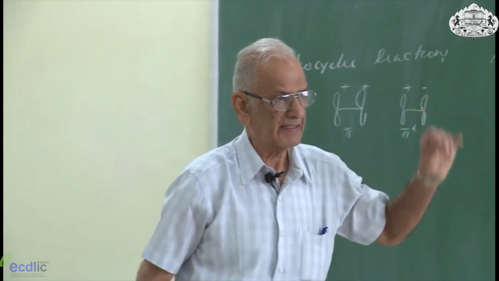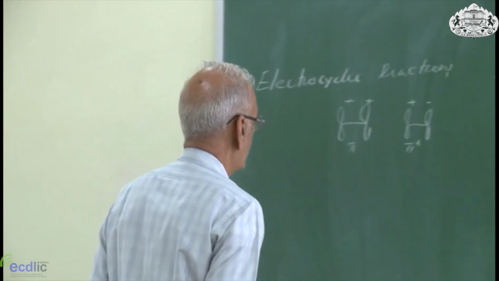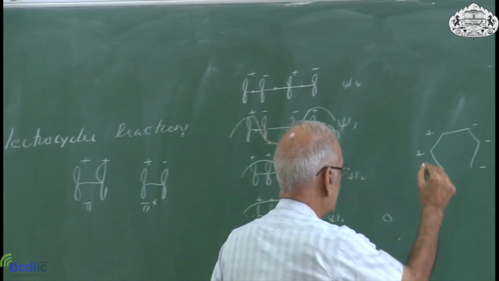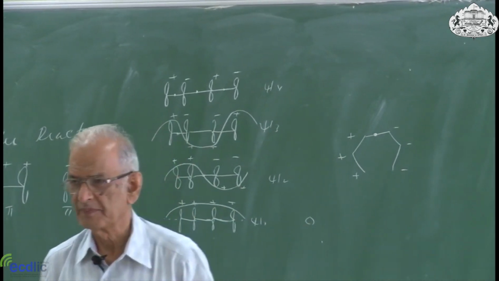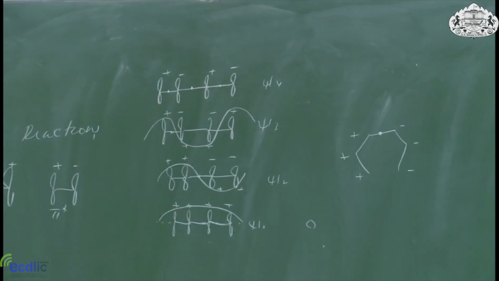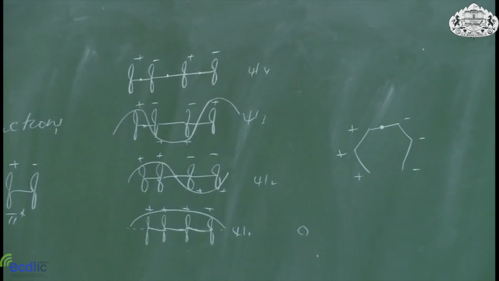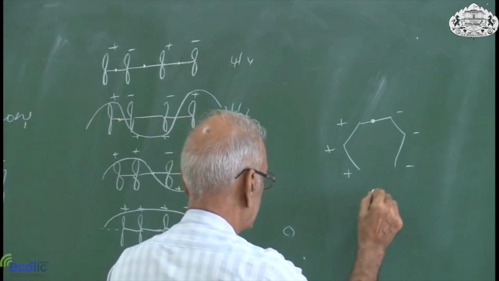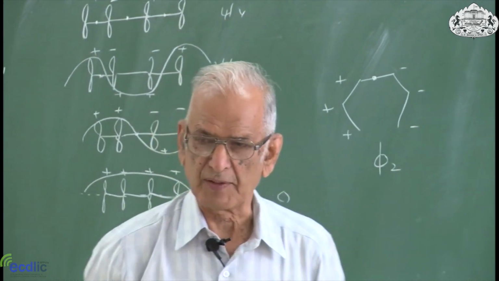I am writing the signs on the upper face. All right. What do I see? Obviously, I see that there is one node. So, if there is one node, what is this orbital? It is the second orbital. So, this is going to be your second orbital.